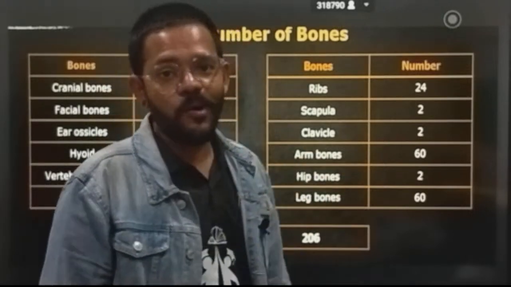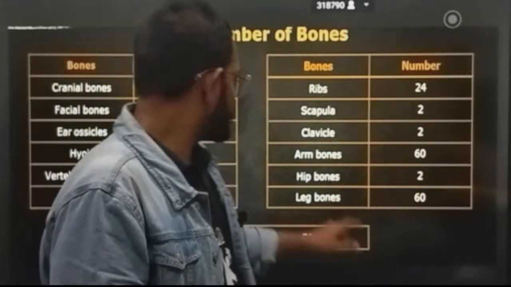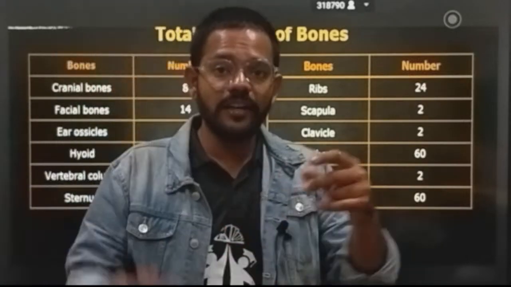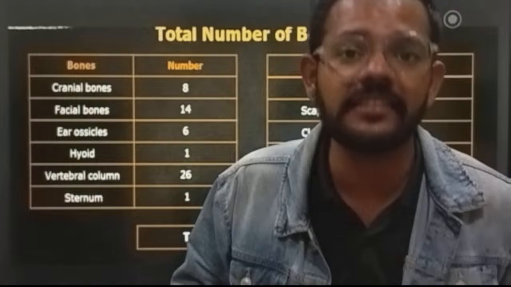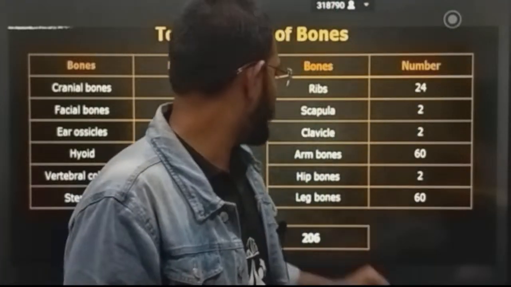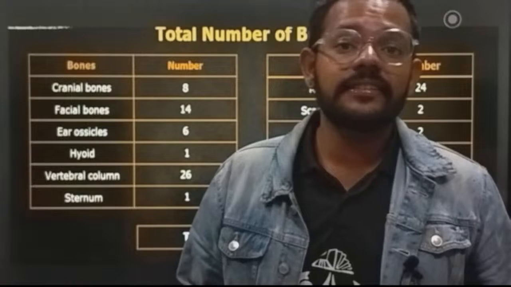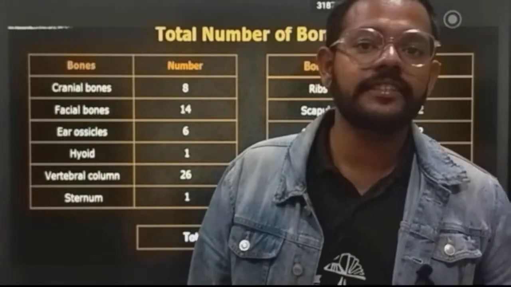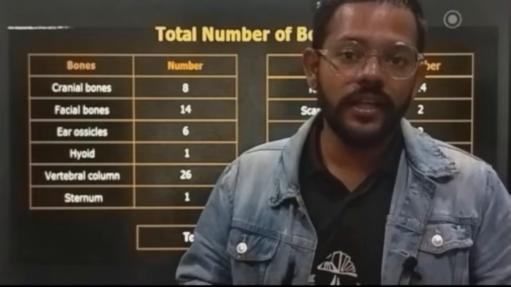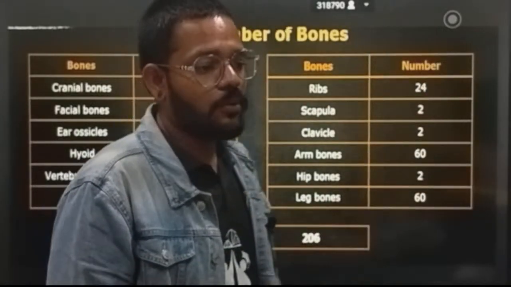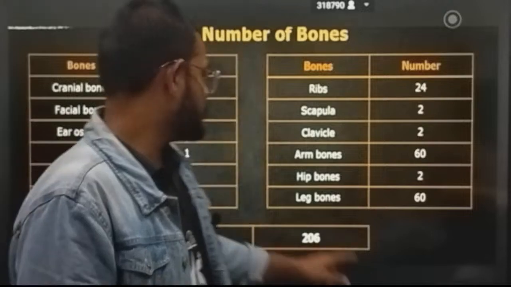Then arm bones, the bones of your hands, 16. Then hip bones, 2, joined together by a joint called the pubic symphysis, a type of fibrous joint. Then leg bones, 16. Total 126 bones are there in your appendicular skeleton, 80 in your axial skeleton, and together the total is 206 bones inside your human skeletal system.